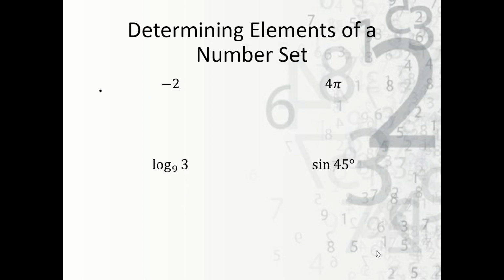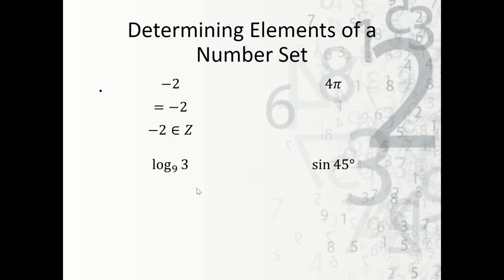Now, determining the elements of a number set. So we're going to be given things like -2, and we have to decide what number set they belong in. Well, we know that -2 belongs in the integers because it's a negative value. So this would be in Z, or the integers. Now we have log base 9 of 3. So it's a log.